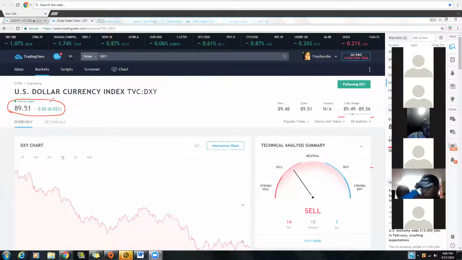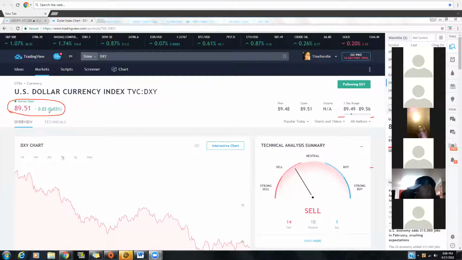Once you have it, you do want to write it down. Some others may say different, but I write all of it down: the 89.51, which is the value of the dollar at that moment. I also write down if it's negative or positive, so green or red. And then I write down all the numbers, the 0.03, parentheses, 0.04%.